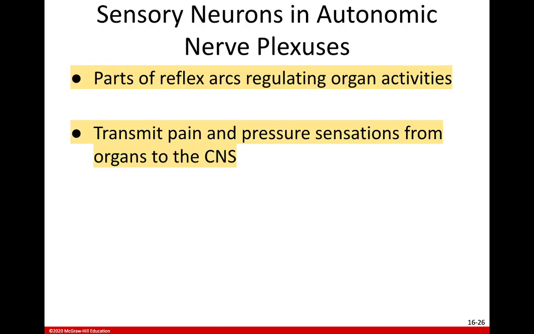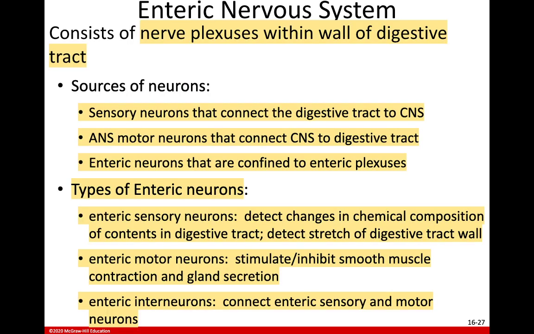Okay, so let's go ahead and look then at the enteric nervous system. We're not going to talk about this a lot, but the enteric nervous system consists of nerve plexuses that are found within the wall of the digestive tract. There are 3 places where the neurons in these enteric nerve plexuses come from.